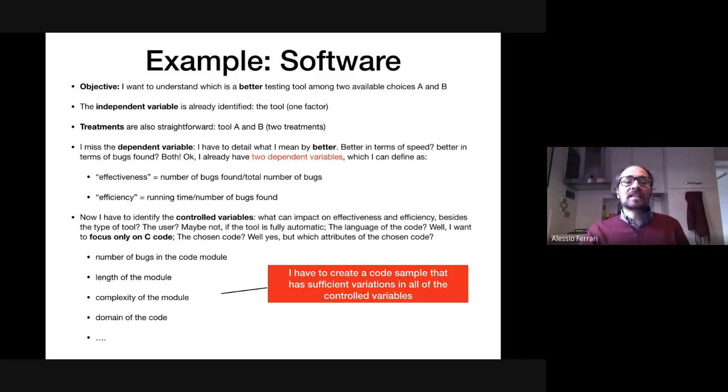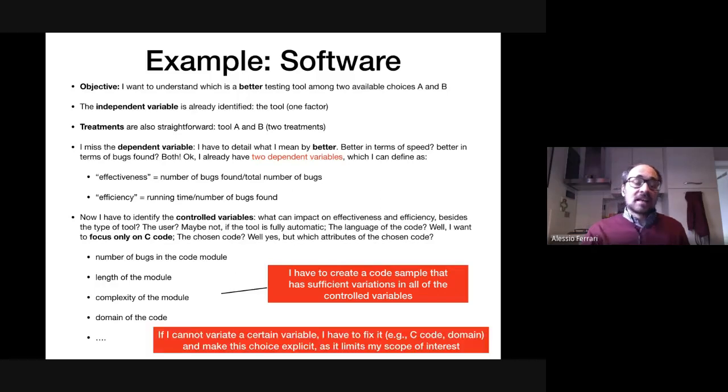So as I said, I have to create a code sample that has sufficient variation in all these variables. And if I cannot have sufficient variation in a certain variable, I have to fix it, like I did with the C code, or like I might need to do for the domain. And I need to make this choice explicit, as it limits my scope of interest.